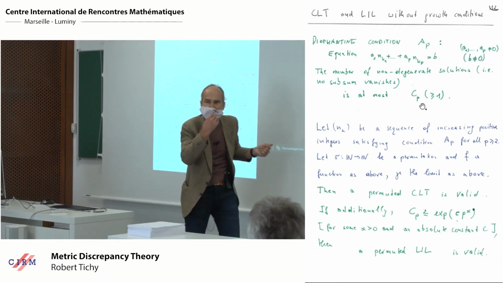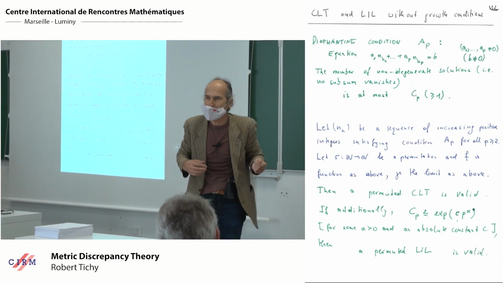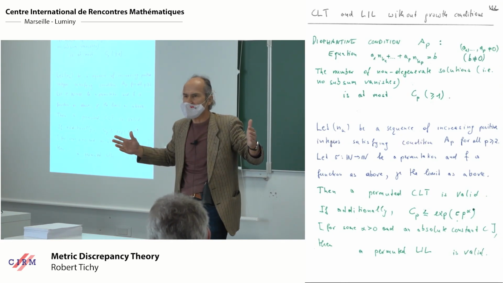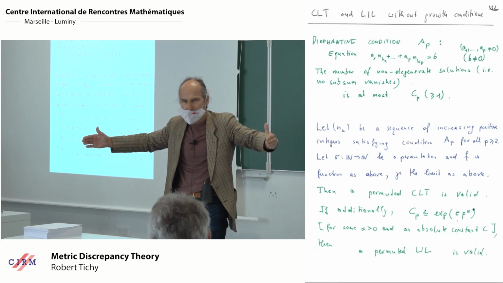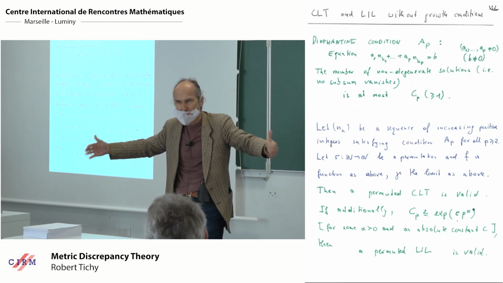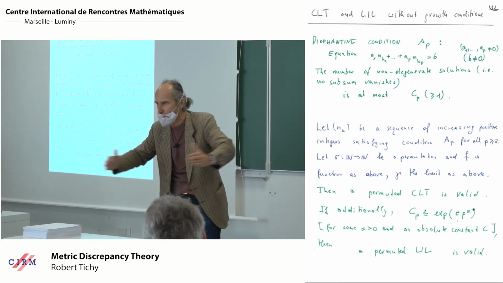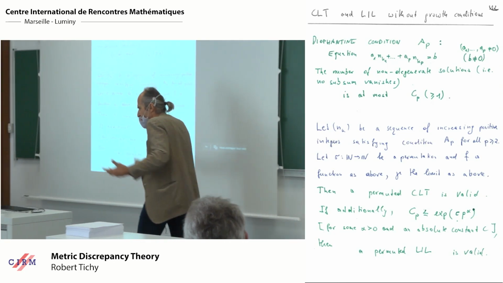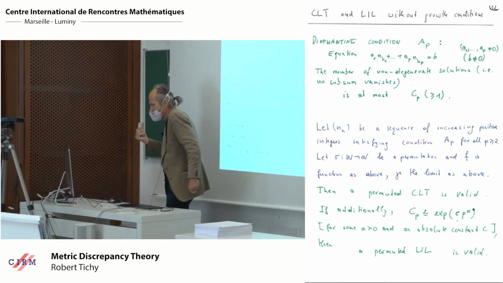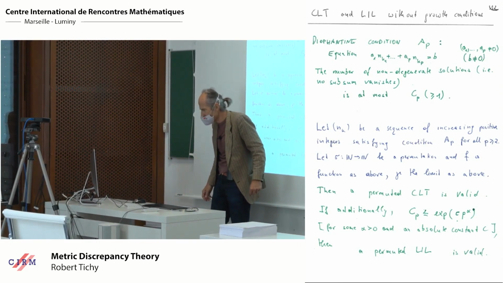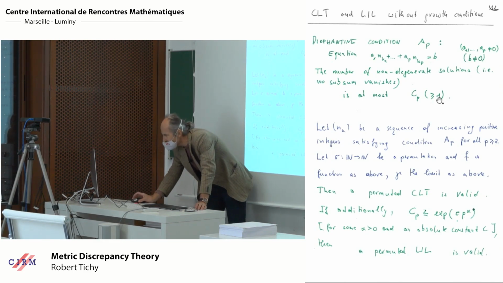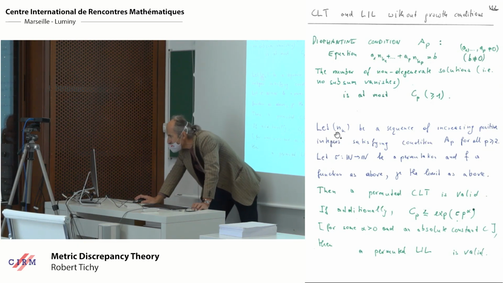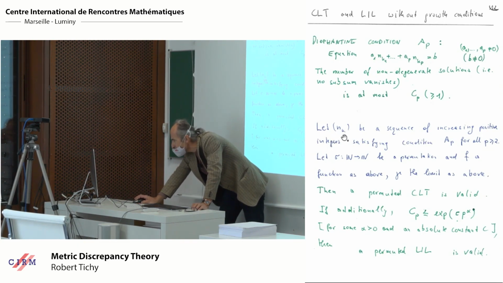What does non-degenerate mean? As in Diophantine number theory, non-degenerate means that no subsum of the whole sum of length p vanishes. This is a non-degenerate solution. No subsum vanishes. Yes, like in Schmidt's theorem, or Schlickewei's theorem, or whatever, in subspace theory, non-vanishing solutions.